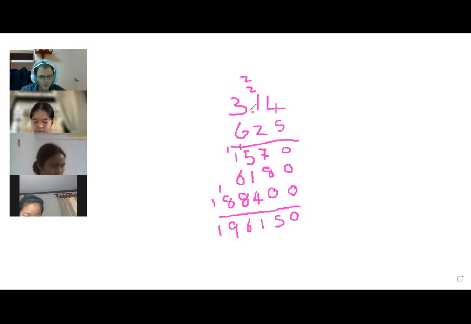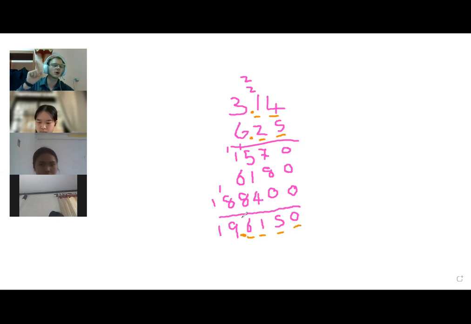It was 3.14 and 6.25. So now we count the digits. 1, 2, 3, 4. And now we count the decimal places. 1, 2, 3, 4. So we put our decimal point after the 19.